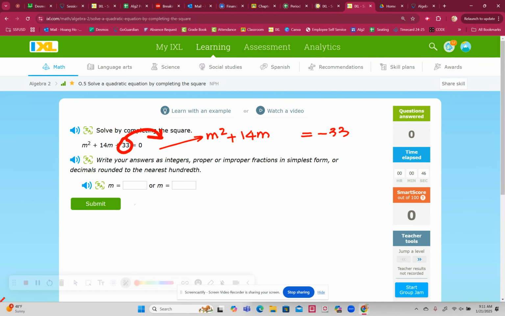So now you can identify b. What's the b value?